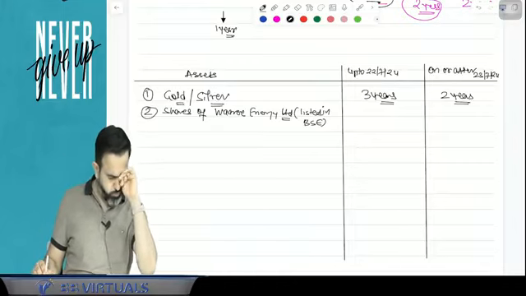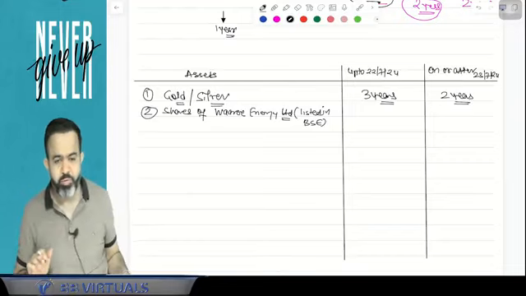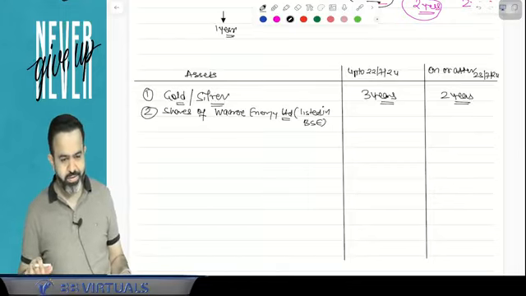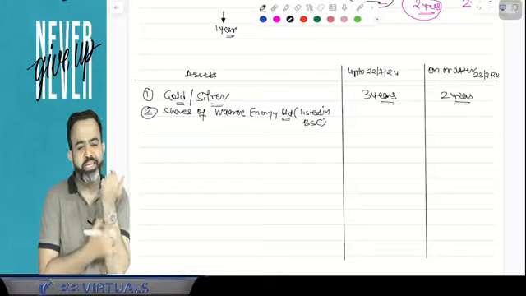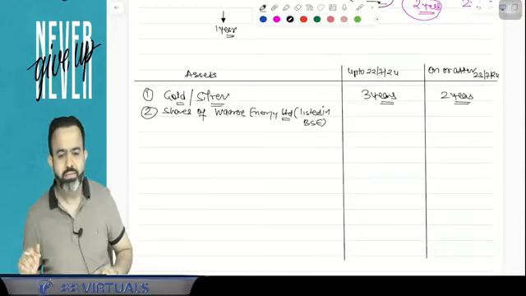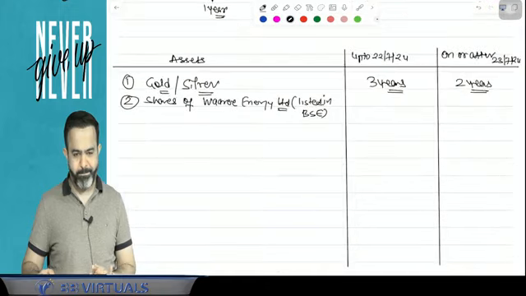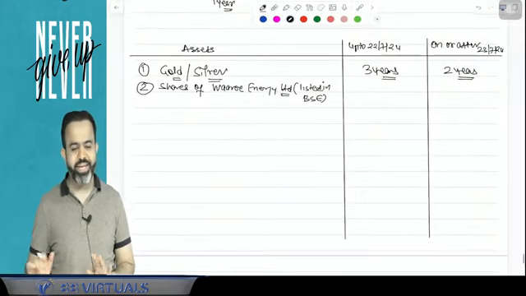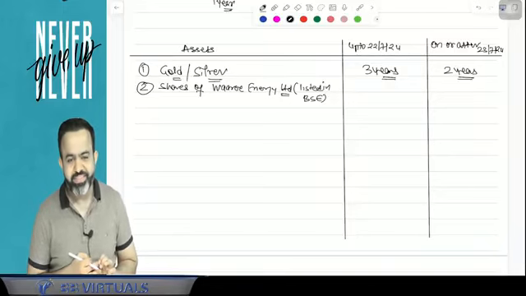Tell me, what is the period of holding? Before and after. Shares of Vari Energy Limited listed in Bombay Stock Exchange. Period of holding.